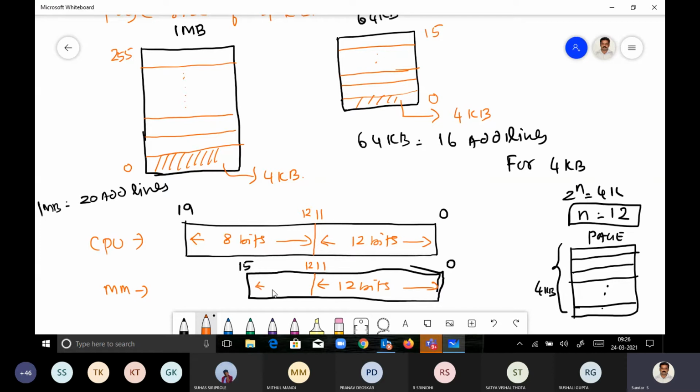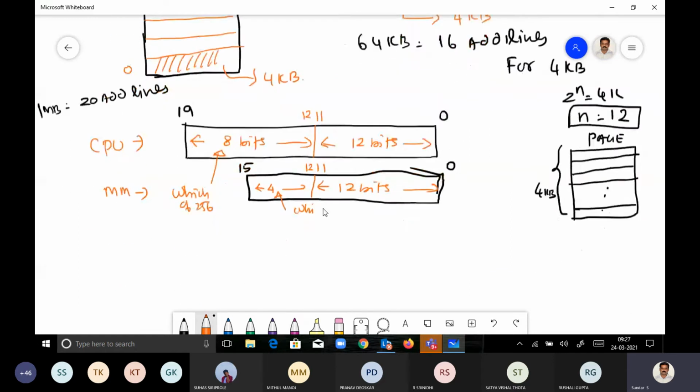So there are 4 bits. The 8 bits tell us which of the 256 pages, and these 4 bits will tell us which of the 16.